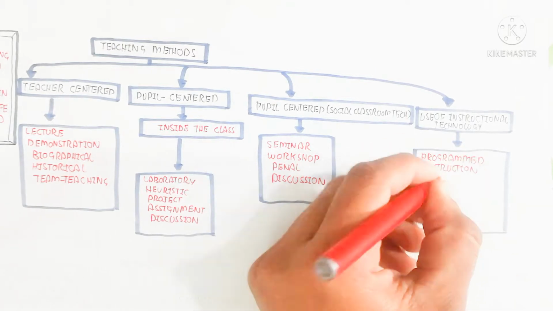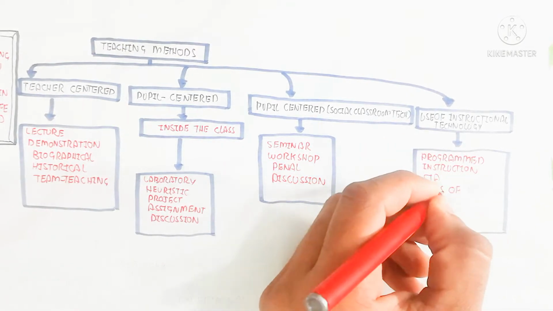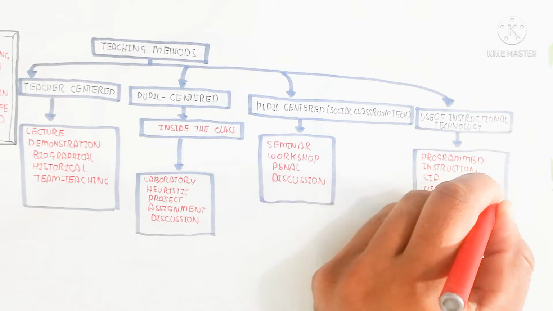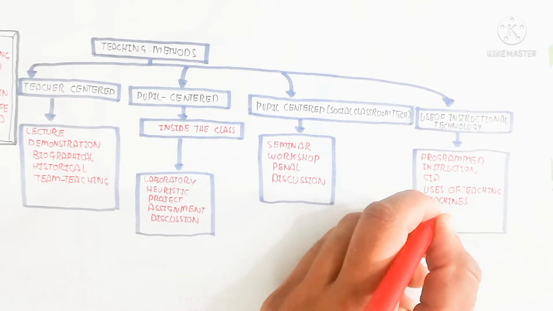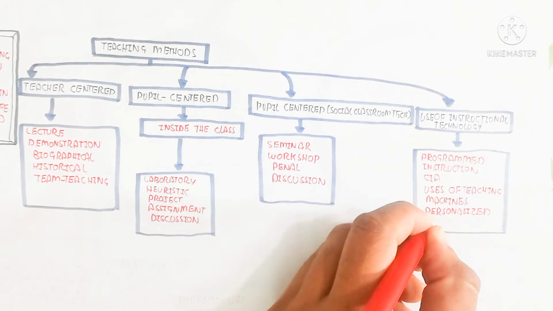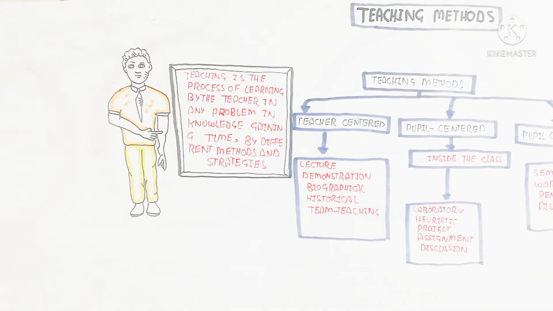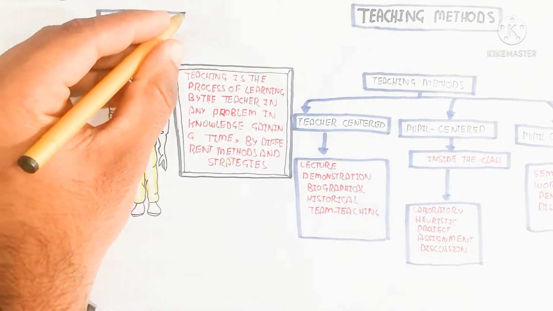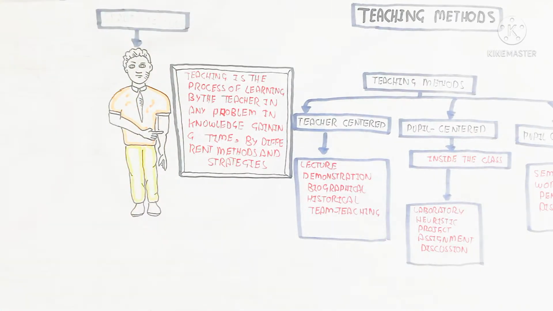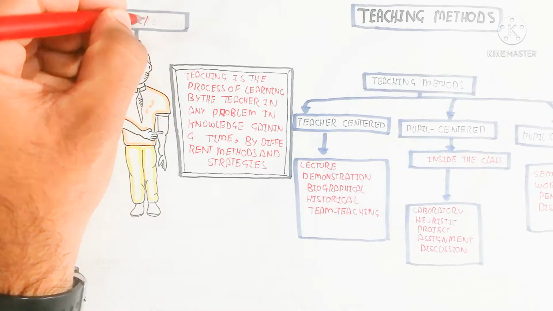The pupil centered social classroom technology is through seminar, workshop, panel, and discussion. And the use of instructional technology can be programmed instruction, teaching machines, and personalized instruction.